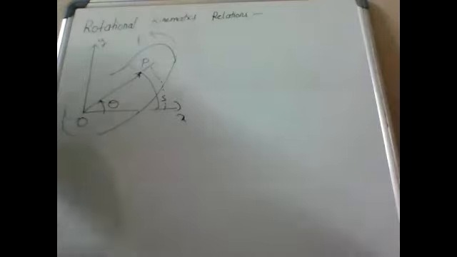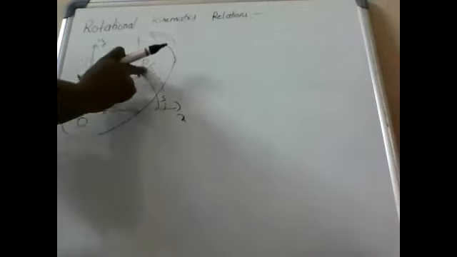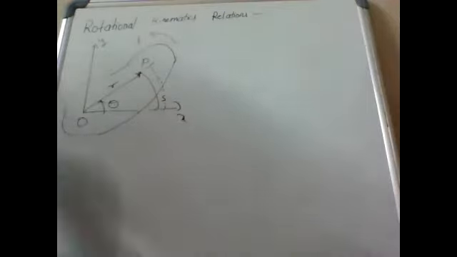And the plane of the rigid body is at right angles to the axis of rotation. We choose a particle P in this plane. To locate this particle, we require two coordinates, namely position vector r and angle theta.